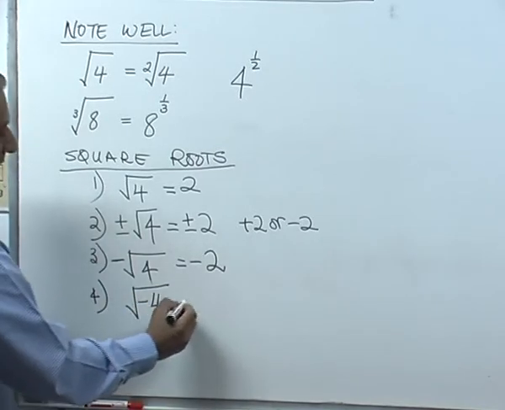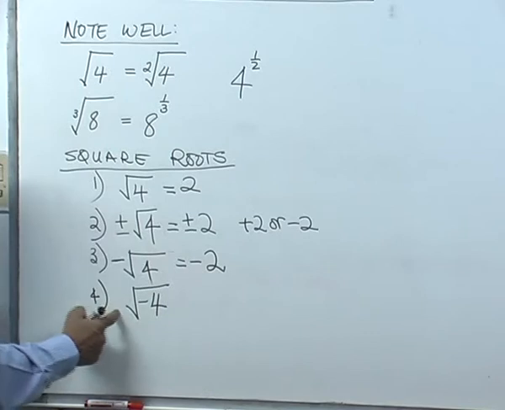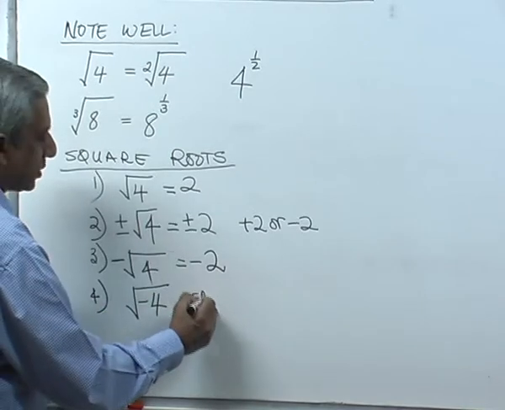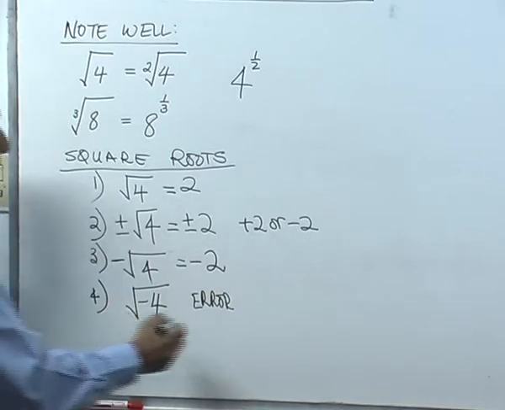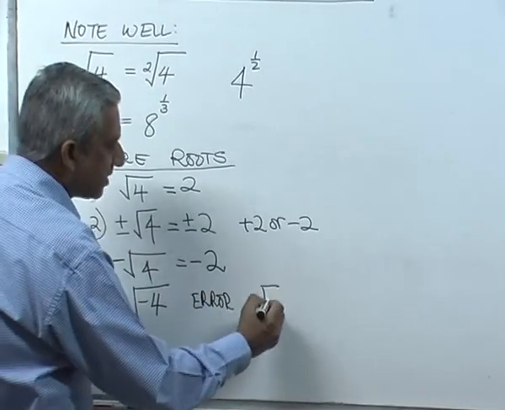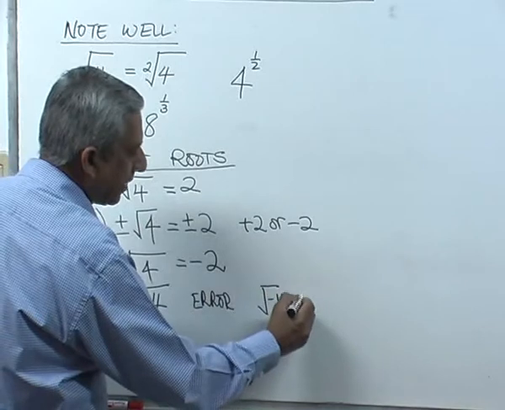If you put the square root of minus 4 in the calculator, it will show you error. So the square root of minus 4 cannot be determined.